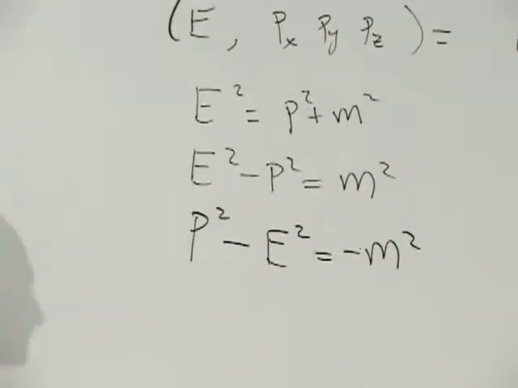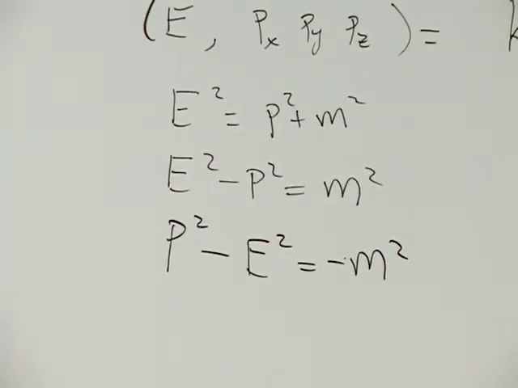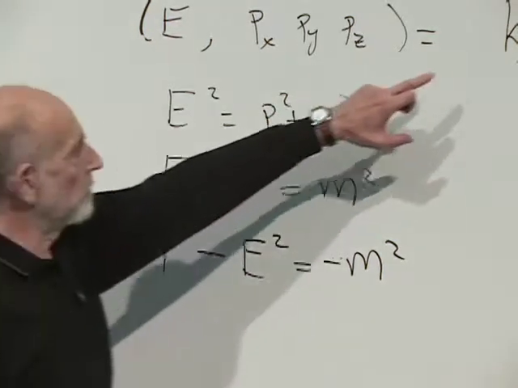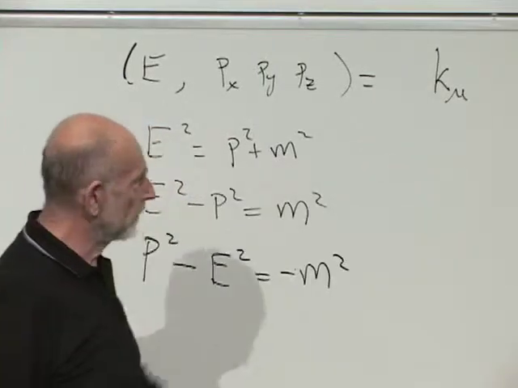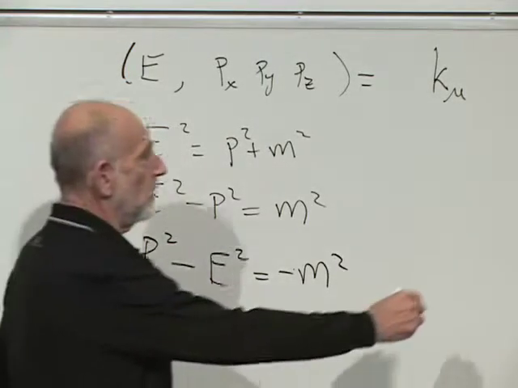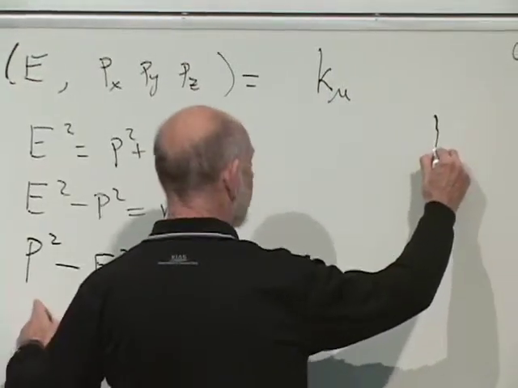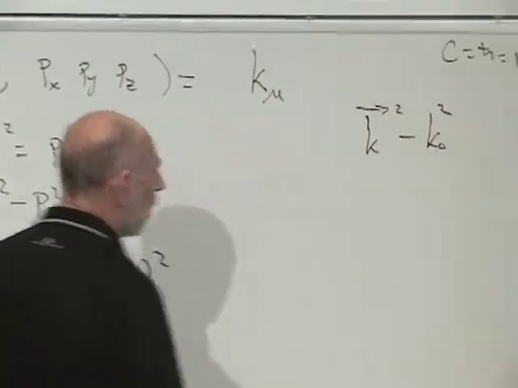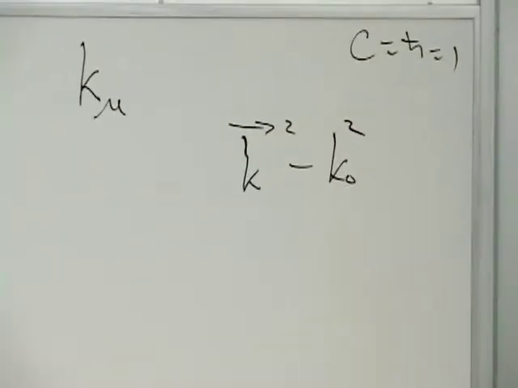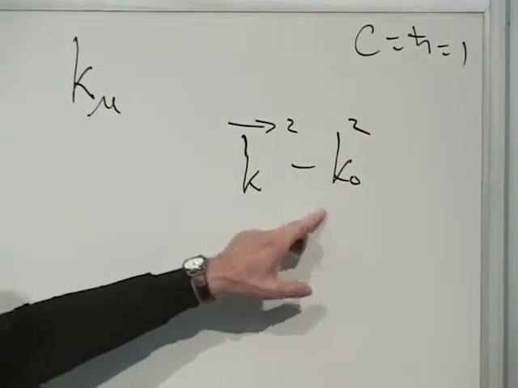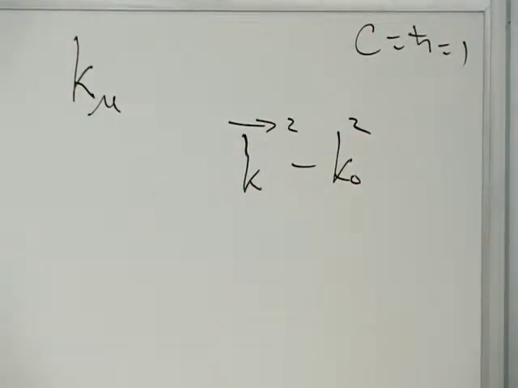Same formula, I've just taken the negative of it. Now, that can also be written in terms of the components of k. It's k vector squared minus k naught squared, naught standing for the time component, E. Spatial component squared minus the time component squared. And this is often just called k squared.